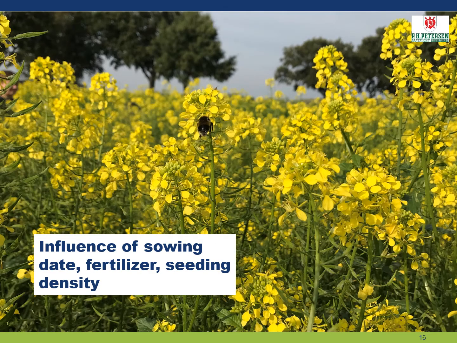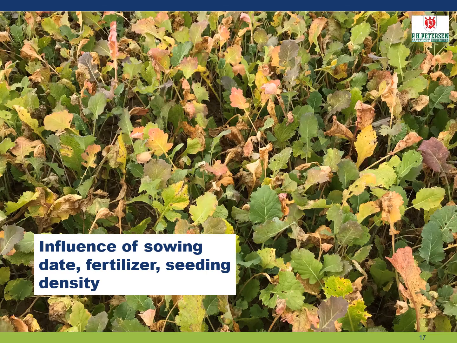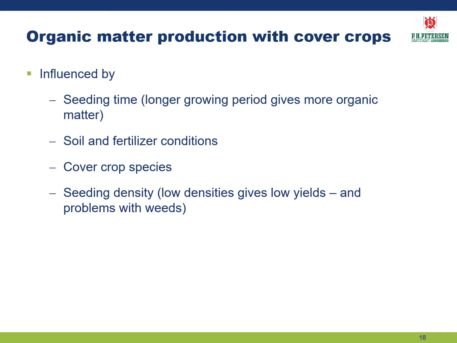A mustard sown early, high seeding density and high nutrient. Fodder rape sown early, but the nutrient content of the soil was very low.